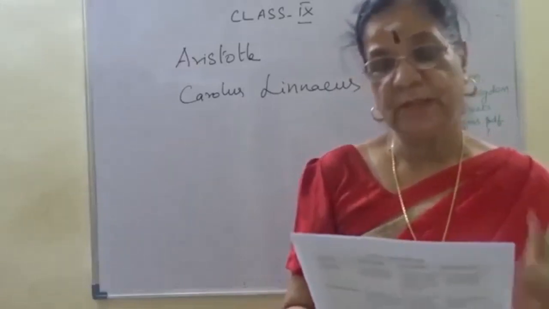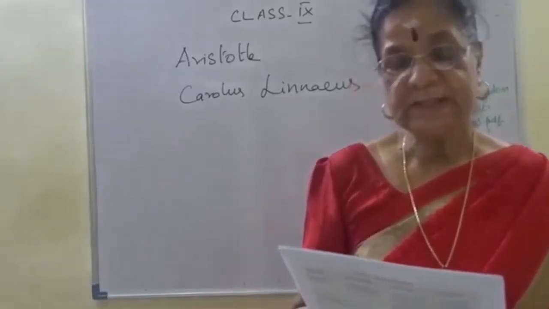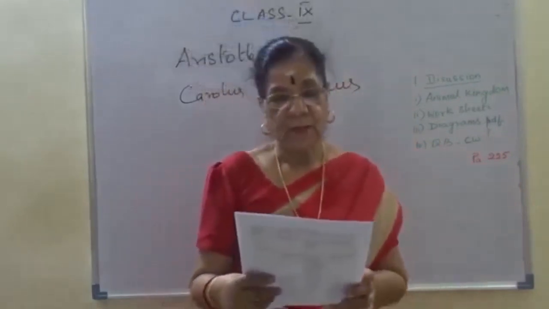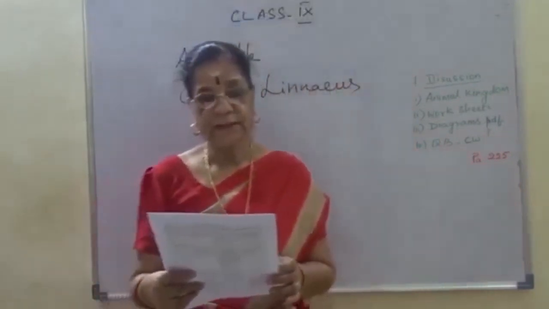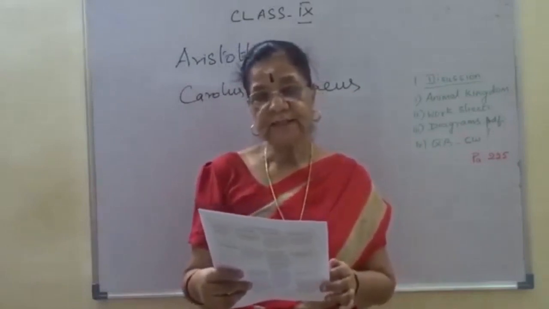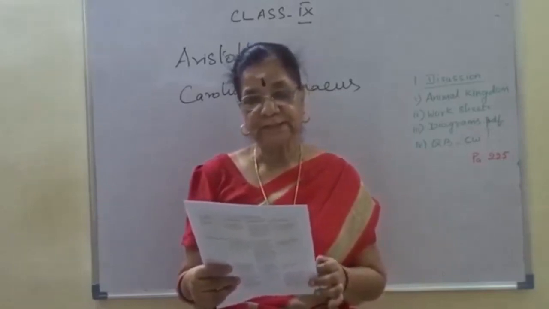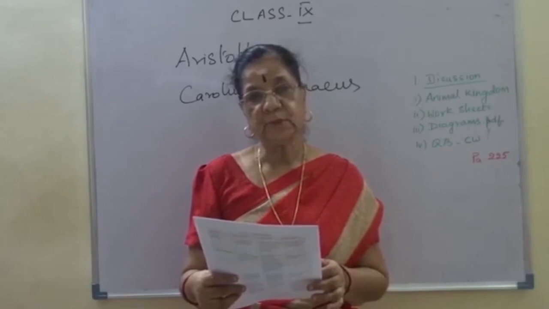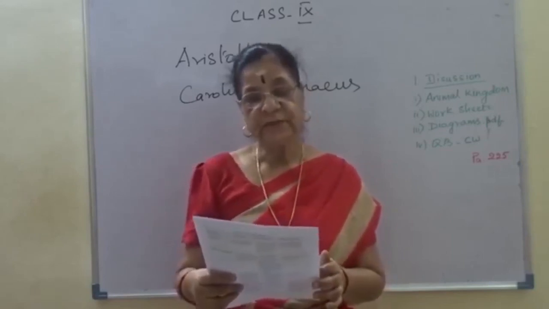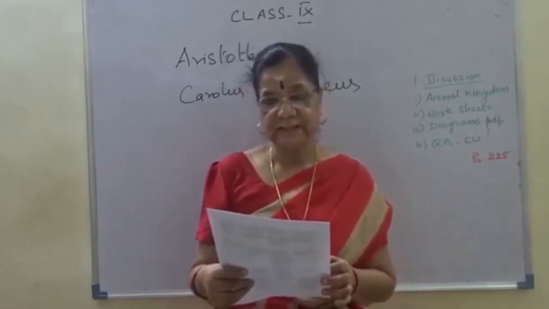First one, assignment 1. Define taxonomy. It is the science of classification which makes the study of wide variety of organisms easier. It helps us to understand the relationship among different groups of animals. The first systematic approach to the classification of living organisms was made by Swedish botanist Carolus Linnaeus.